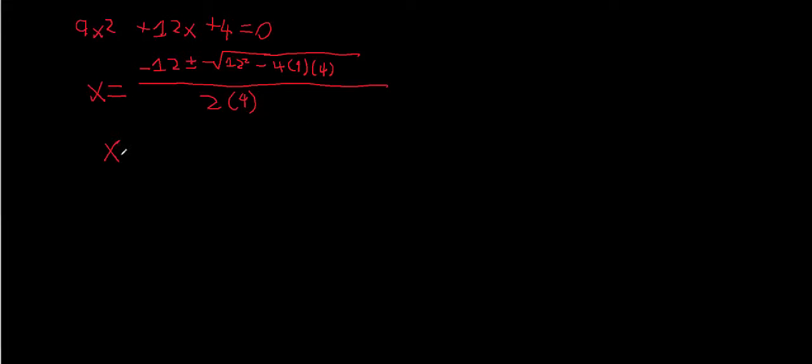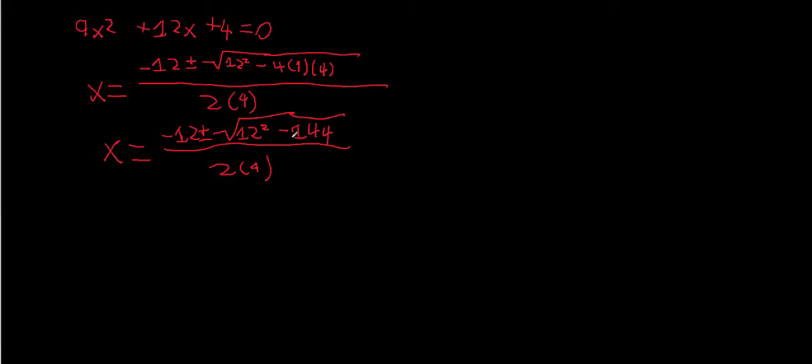So now we have x equals negative 12 plus or minus the square root of 12 squared minus 144. And all of that is over 2 times 9.